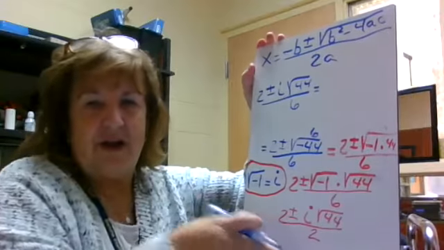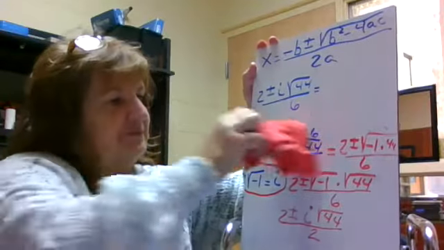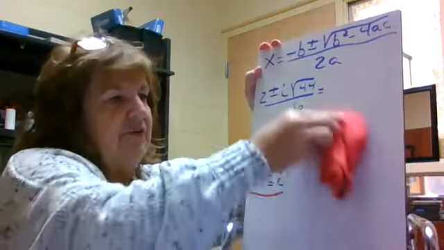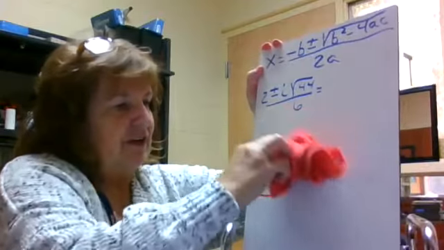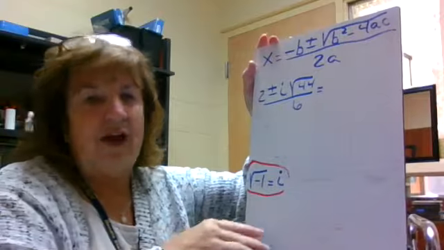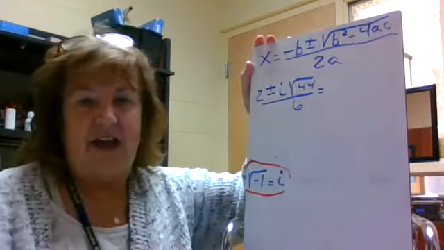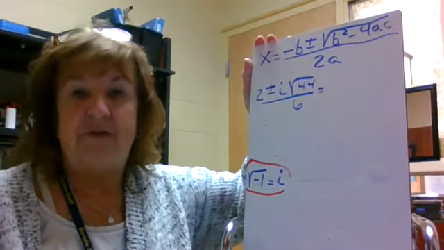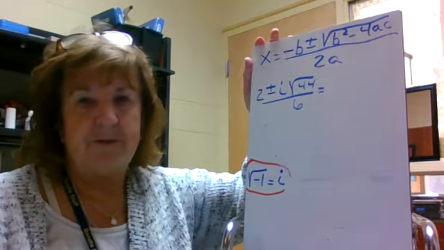Okay, that's where we are right now. Now, if you have a scientific calculator that will rewrite this square root as a simplified square root, then you can use it. But if you don't, here's what you do.